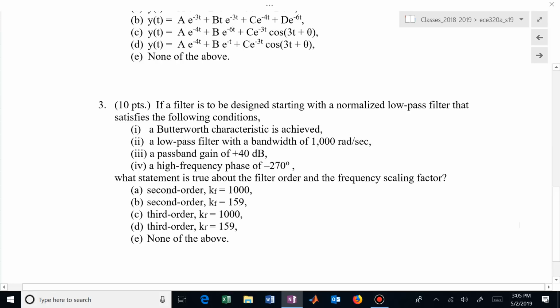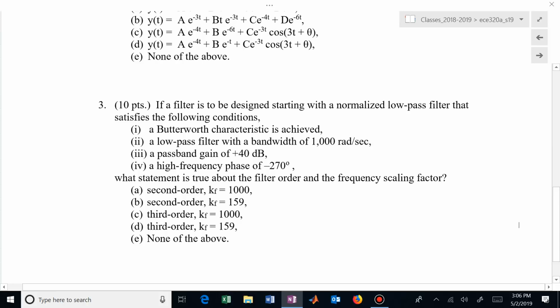Now we want a Butterworth characteristic. That means it's maximally flat in the passband, and all of the break frequencies will be at minus 3 dB from the break frequency, which in this case is 1,000 radians per second.